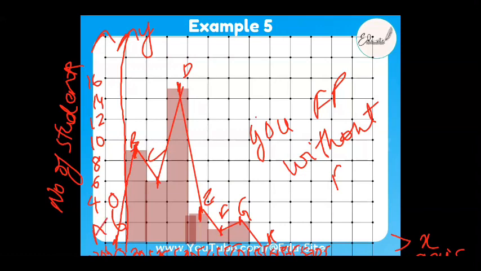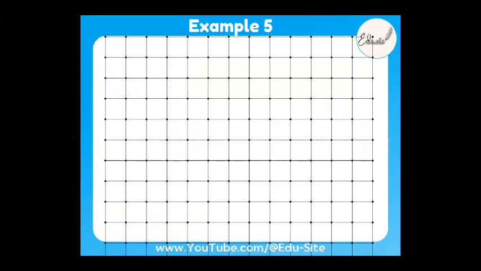A point should be taken before the first bar. That's all. Understood? Yes. Okay. Please check figure number 12.6 on page number 159. That is your frequency polygon from the histogram.